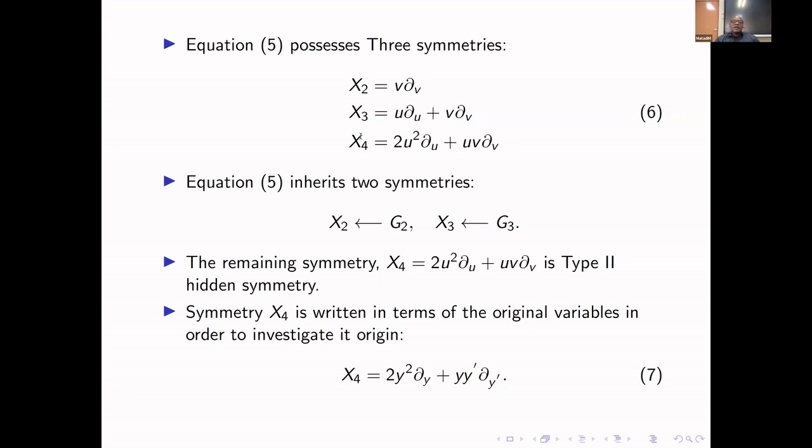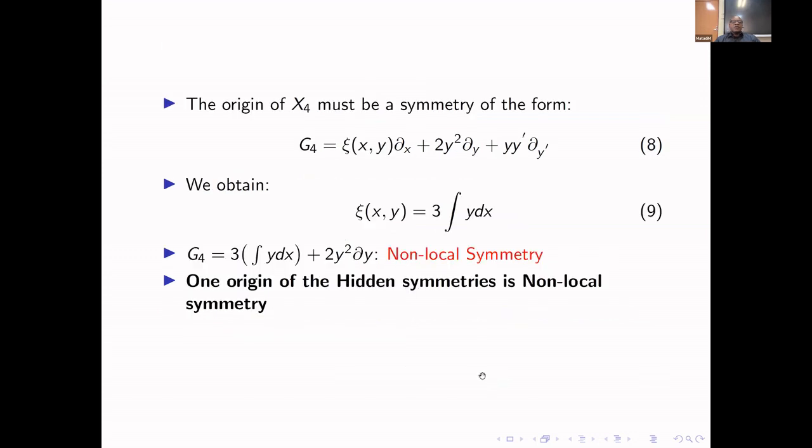And now we would like to find out the origin, as I said, Abraham and Guillaume study the origin of the hidden symmetry. Now we study the origin of this X4. That's what we did in the next line. And we realized that the origin of X4 is a non-local symmetry. As we can see, as I said in the previous slide, we have the non-local term here. So the origin of our X4 is non-local.